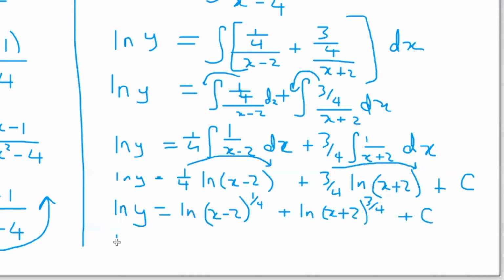Now, there's another rule that says when you add two ln or log functions, natural log or logarithm functions, you multiply. So I can rewrite this as ln of x minus 2 to the quarter times x plus 2 raised to the 3/4. And don't forget my plus c, don't let it disappear.